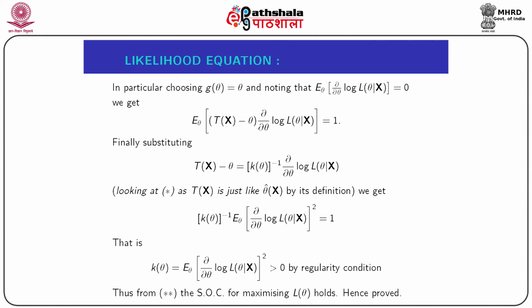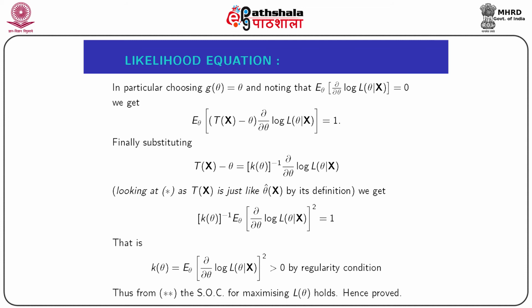If we look at the expression star, then T(x) behaves like θ hat(x) by its definition, and substituting T(x) minus θ equal to k(θ) inverse times ∂/∂θ log L(θ; x), we get from triple star that k(θ) inverse times the expectation of (∂/∂θ log L(θ))² equals 1. That is, k(θ) equals the expectation of (∂/∂θ log L(θ; x))², and naturally it is greater than 0 by the regularity conditions.